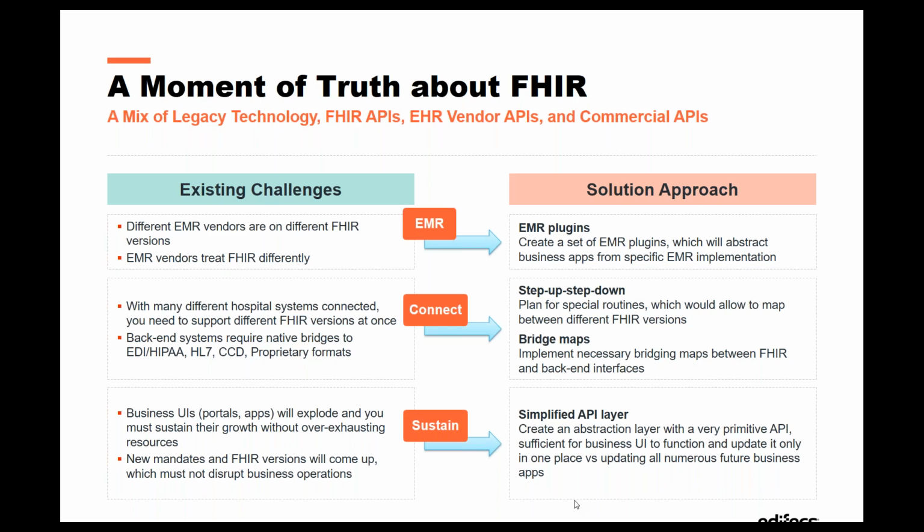For instance, if DSTU2 comes in the mandate, then this might be your choice. However, an EMR system may use FHIR version 3 or 4, so you will have to downgrade or upgrade the resources to the version which you are using. And this is the typical approach you would have to come up with.